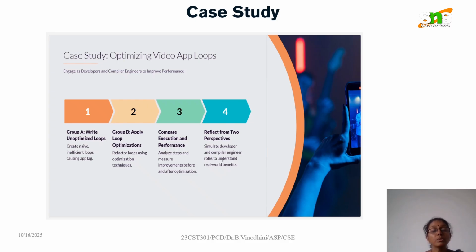Finally, the two loops are tested on execution and performance, and we find that the code with the loop optimization techniques applied performs better than the unoptimized loop. So this is the case study.